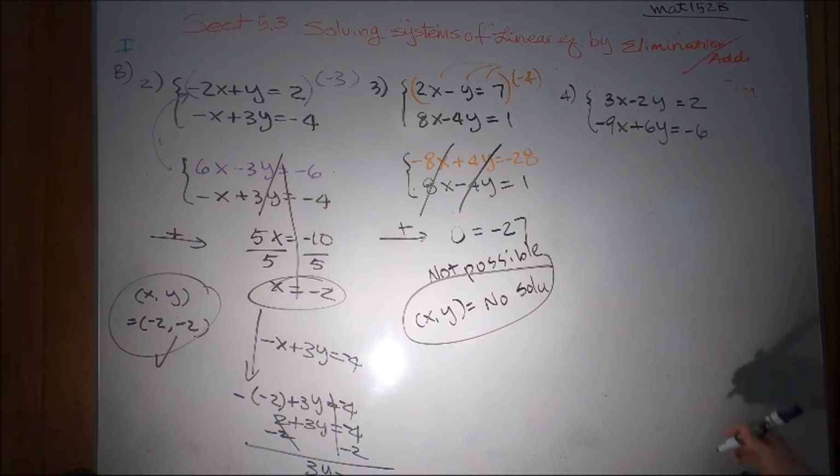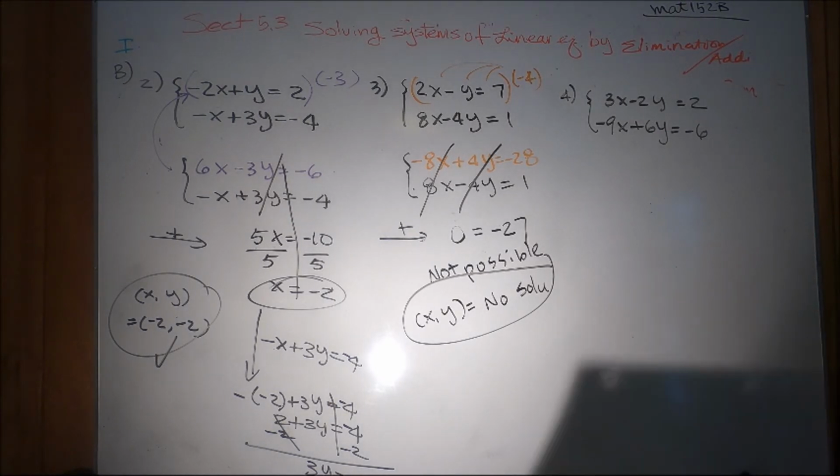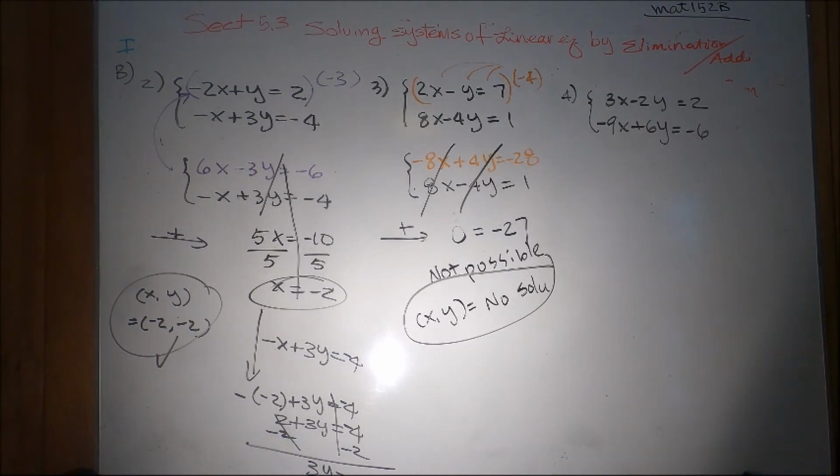Let's look at the next one. So first check, are they in standard form? Yes, both x and y's are on the left hand side. Next one, you decide which variable you are going to eliminate, right?